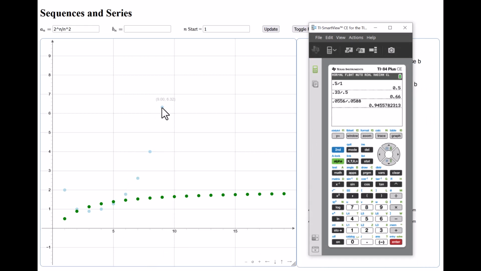From this term in the sequence to this one, 6.32 to 4, if I take 6.32 divided by 4, that gives me a ratio of 1.58. So when these are increasing in value, the ratio goes above 1.